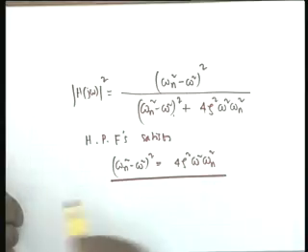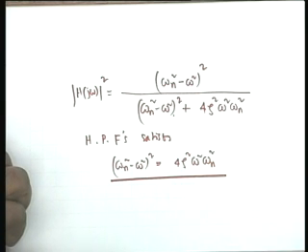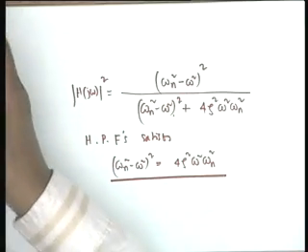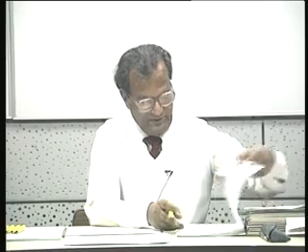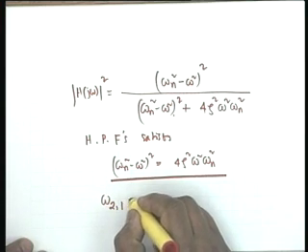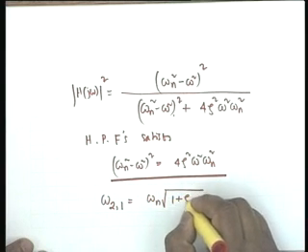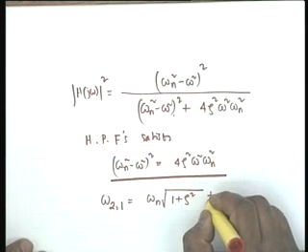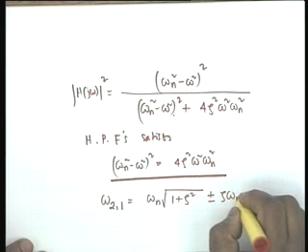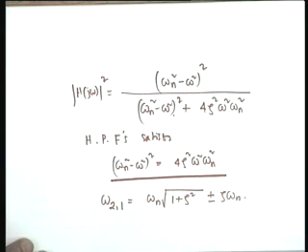Unfortunately, this is a quartic equation and it shall have 4 solutions. 2 of them will be negative and 2 of them will be positive. It is the positive ones which you have to take, and the algebra simply shows that omega 2, omega 1 shall be equal to omega n times (square root of 1 plus zeta squared, plus or minus zeta). This is the solution.